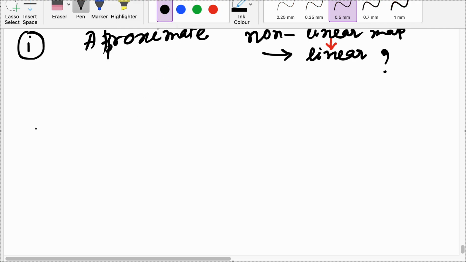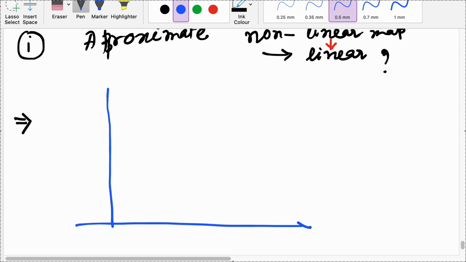So let's see. To check that, first check whether there is any linear map which closely mimics that behavior. First let us draw a non-linear map. Suppose this is x, this is f of x.